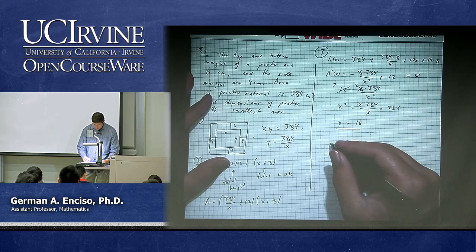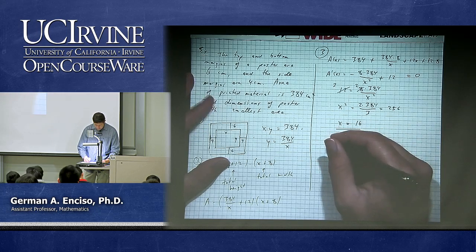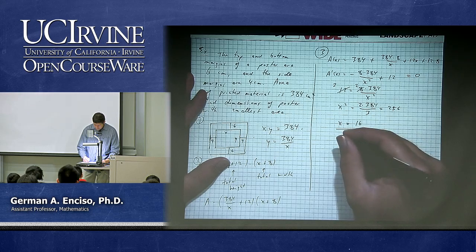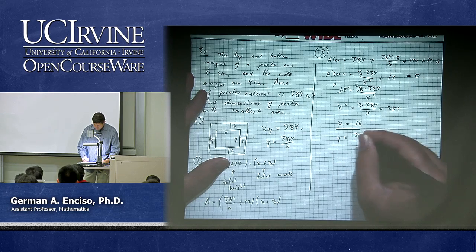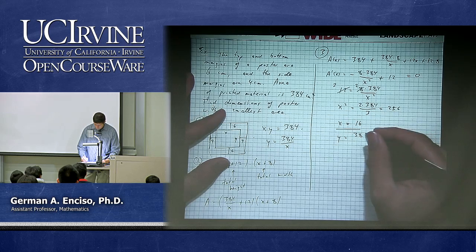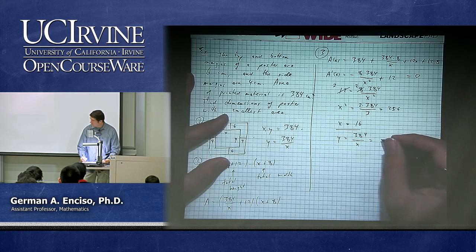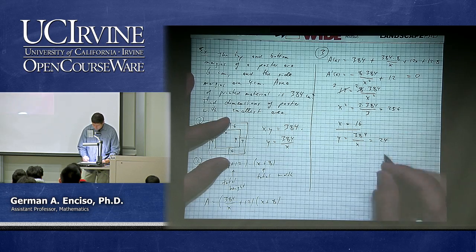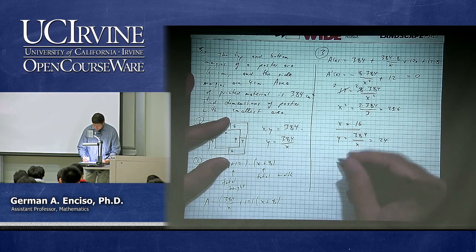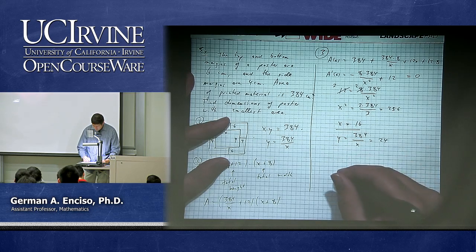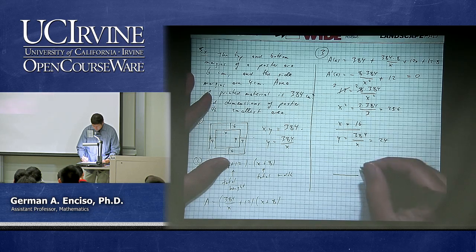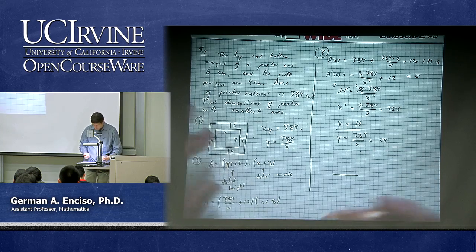Okay, and that means that y is equal to what? 24. Okay. All right, that's it. So the total dimensions are, let me do this.